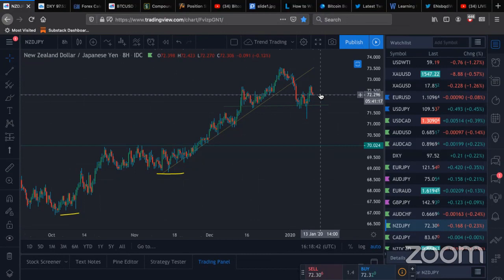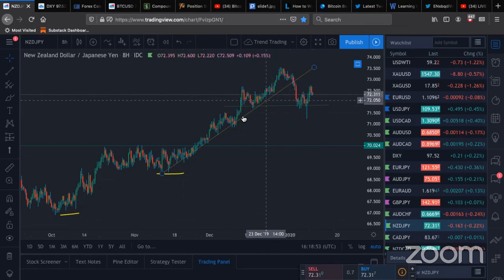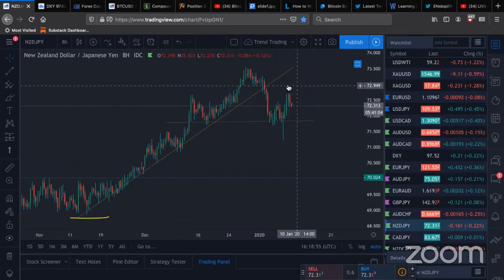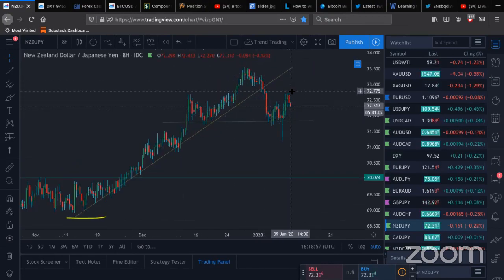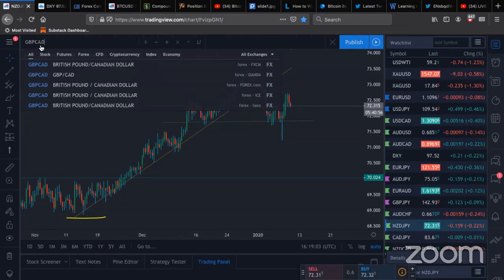What I'm envisioning is that we get another look up at this. We haven't tested this broken support, this trend line here, which was providing support before it was broken. We haven't come up and tested it. I would not be surprised if we come up and test it. If you take a look at the pound Canadian dollar, you get a good example of that.